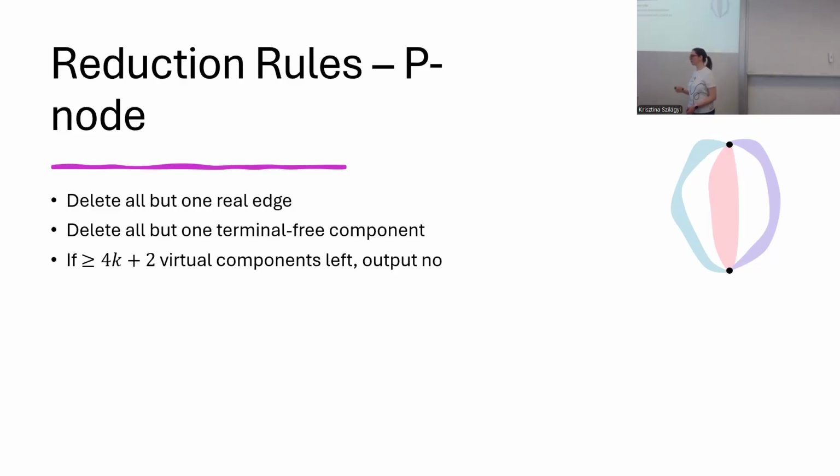Then for the same reason, we can do the same for the terminal-free components, and then by a relatively easy counting argument, we see that if there are at least 4k+2 virtual components left, then we have a no instance. So basically, for both S and P nodes, relatively easily we get to a situation where we just have O(k) children, and that's it.